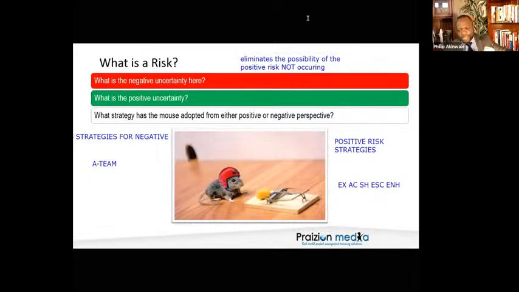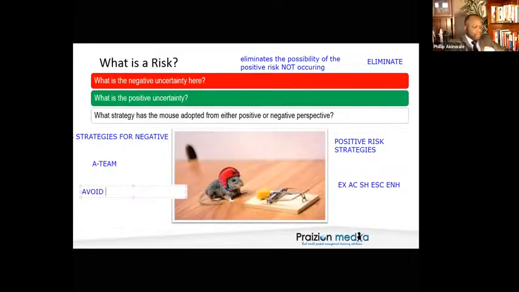What strategy is that? You guys got it. Very good. It's exploit. You need to look out for the word eliminate. That is your master key for exploit. Now, on the side of the negative, we also use the word eliminate for avoid. So watch this.